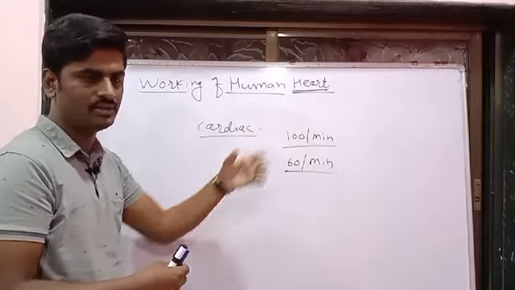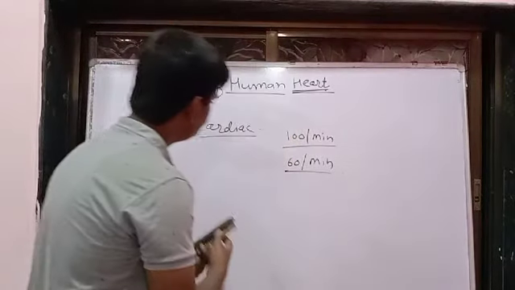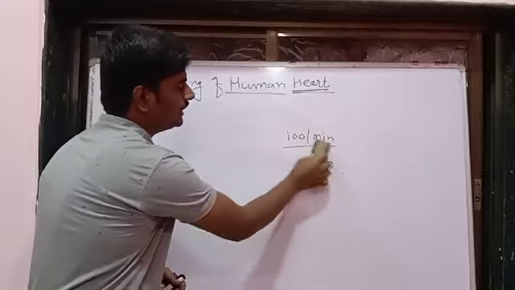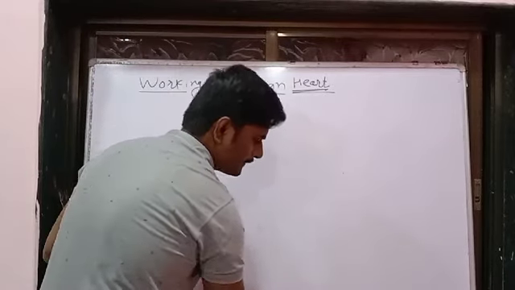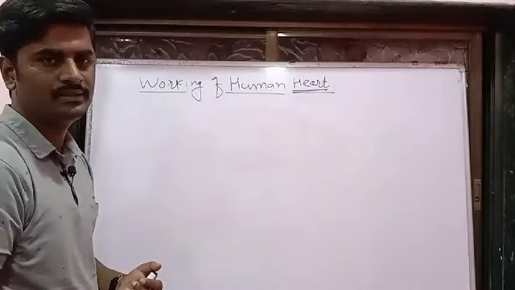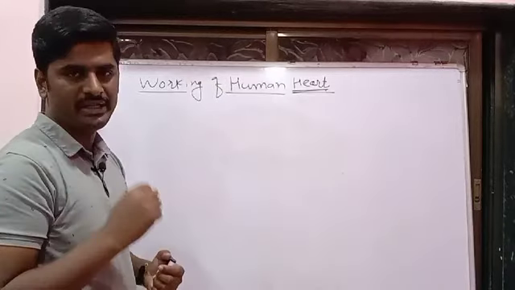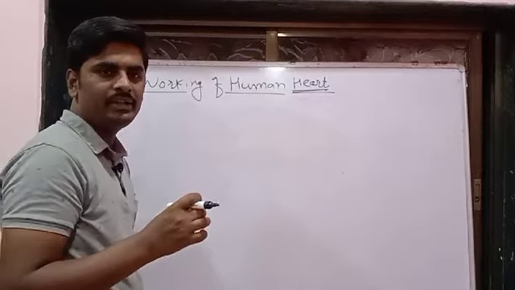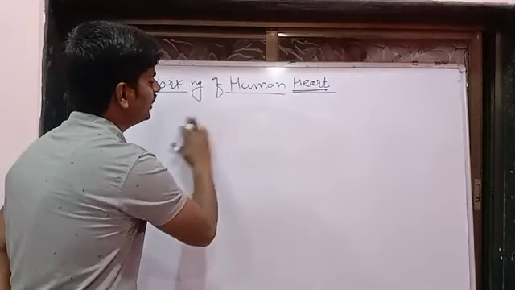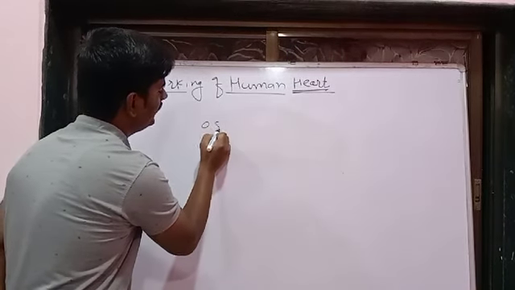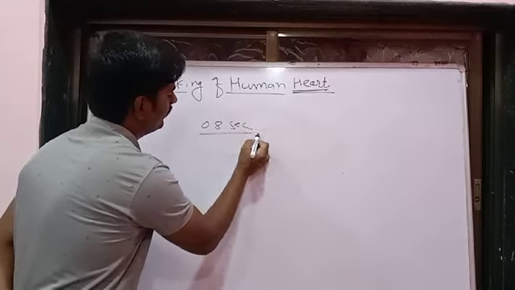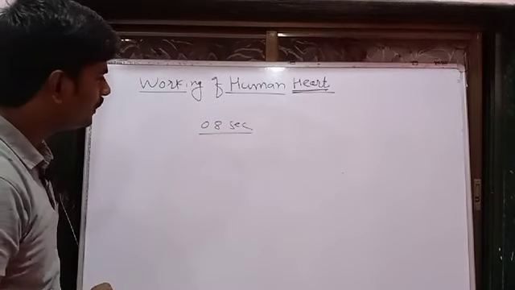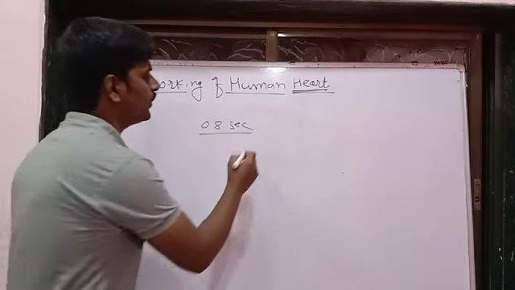It is very interesting. Basically we study that 72 heartbeats are carried out in 1 minute. So when we calculate, one heartbeat requires 0.8 seconds. Okay, so 0.8 second is required for one heartbeat.